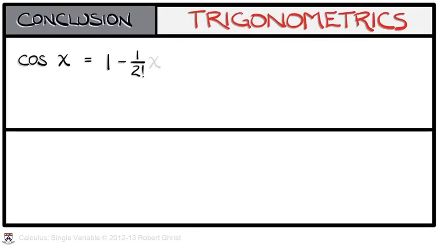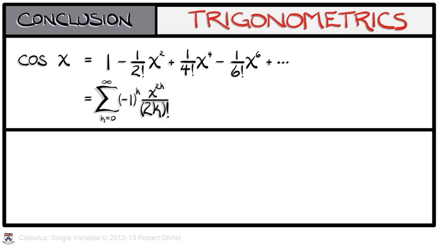The cosine of x is 1 minus x squared over 2 factorial plus x to the 4th over 4 factorial minus x to the 6th over 6 factorial, etc. In summation notation, we could use a wonderful little trick to express this compactly as the sum, k goes from 0 to infinity, of negative 1 to the k times x to the 2k over quantity 2k factorial. That builds in the alternating signs and the even powers.